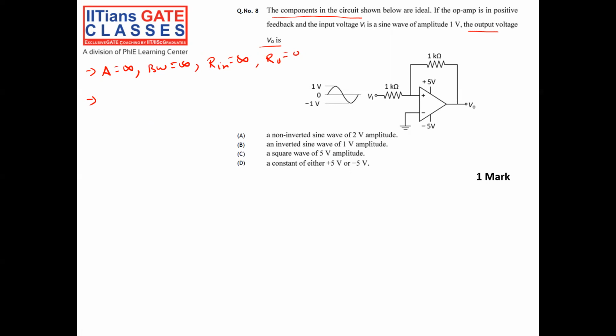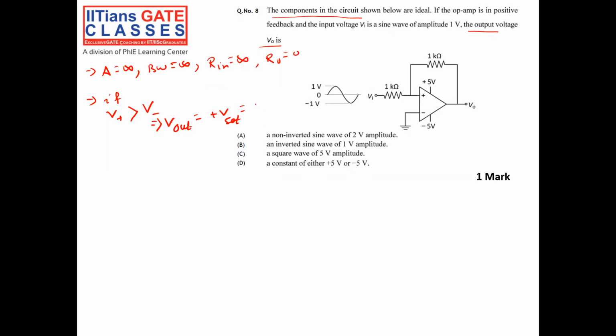And first thing is, when in positive feedback, the op-amp behaves like a comparator. What is the meaning? If V positive, that is potential at the non-inverting terminal, is greater than V negative, that is the potential at the inverting terminal, then my V out will be positive V sat.